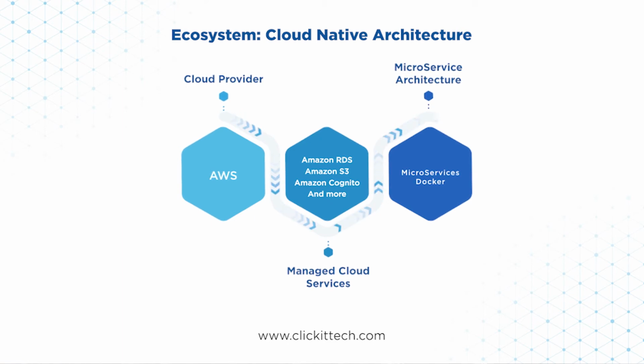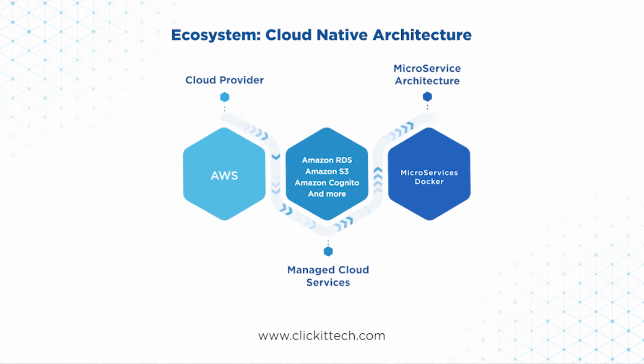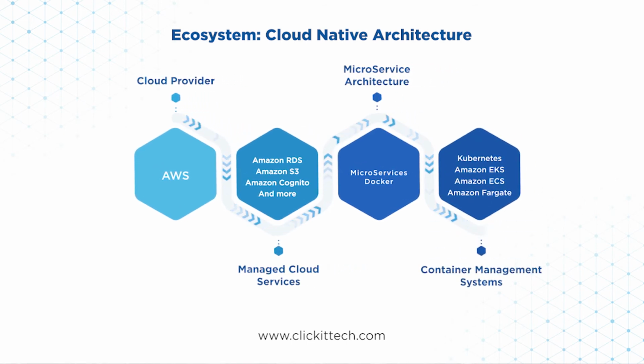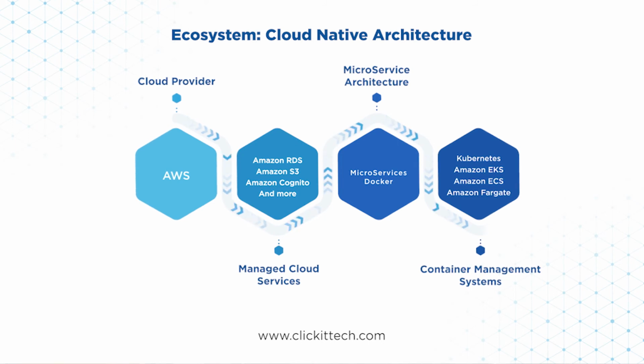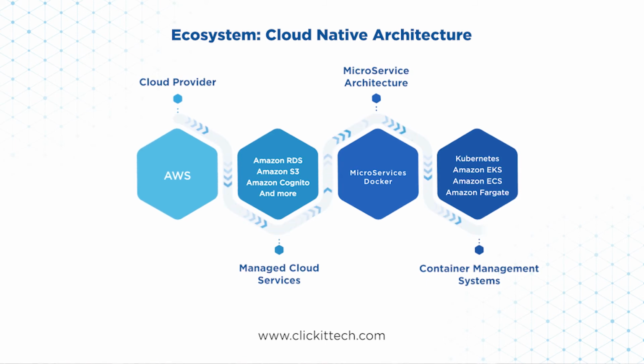Then if your application is highly scalable, you are getting a lot of traffic, a lot of users, or a lot of subscriptions, maybe you can port your containers into a container management system, which in this case can be Kubernetes. In Amazon, you can use Amazon EKS, Amazon ECS, or AWS Fargate.